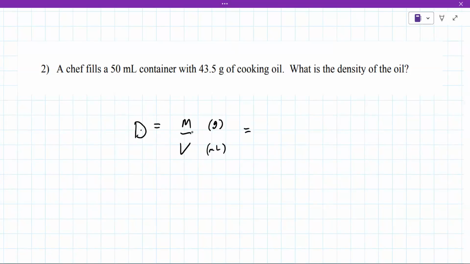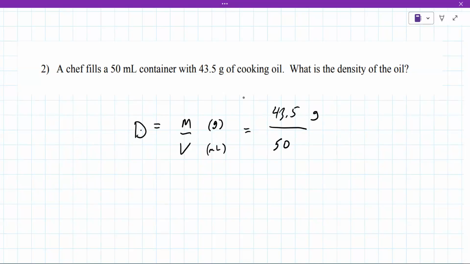Okay, so what is the value of M? The value of M is mass. Which of the two given numbers is the mass, the milliliters or the grams? The 43.5. Okay, 43.5 grams. And what's the volume? That's 50.